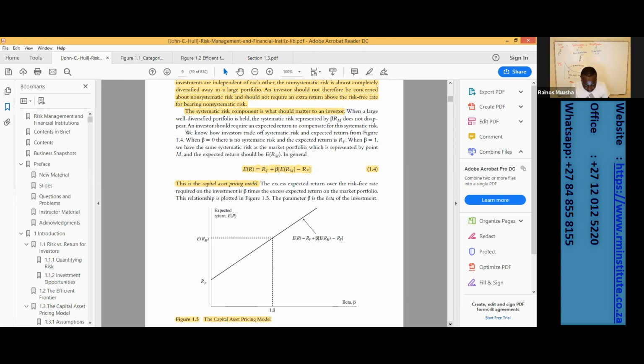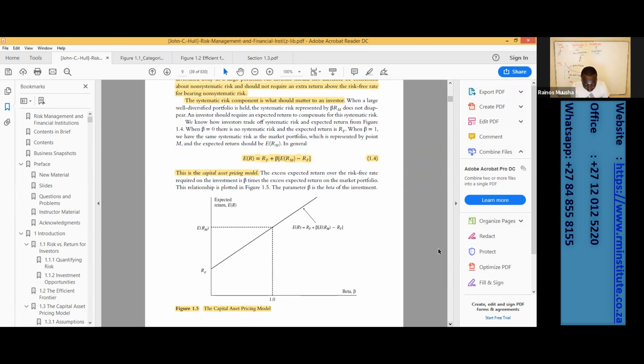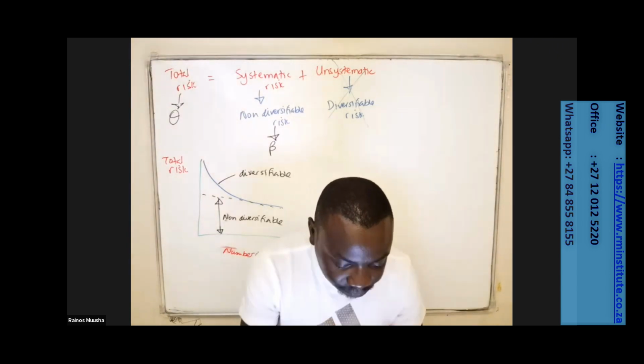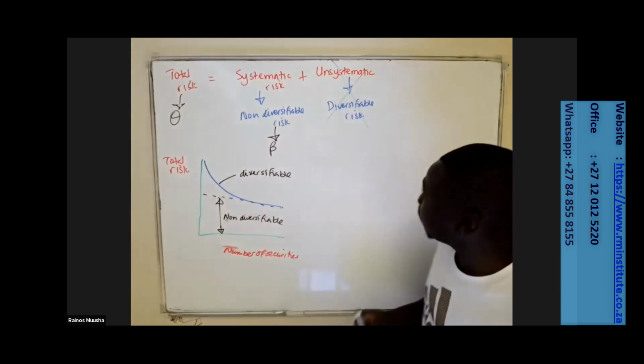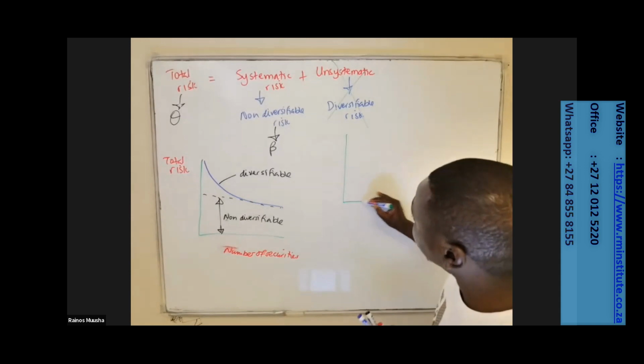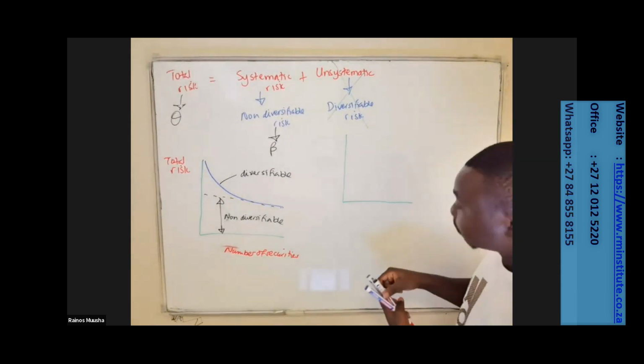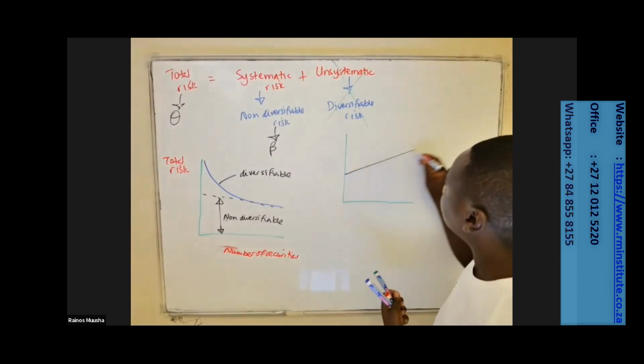So the components of the capital asset pricing model can also be plotted on a graph, as you are seeing on figure 1.5. As you can see, the graph would be something like this.